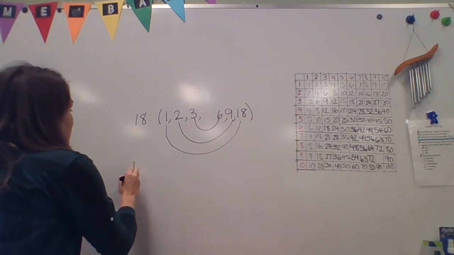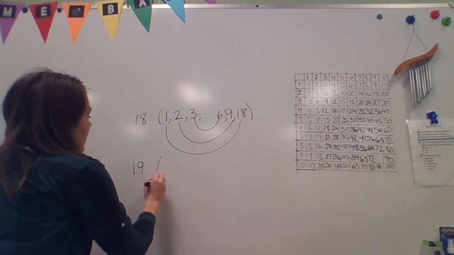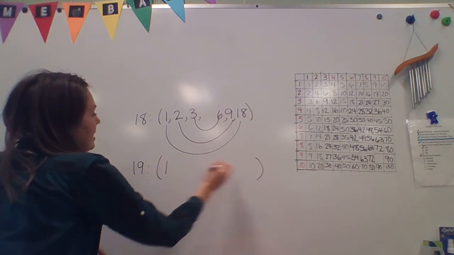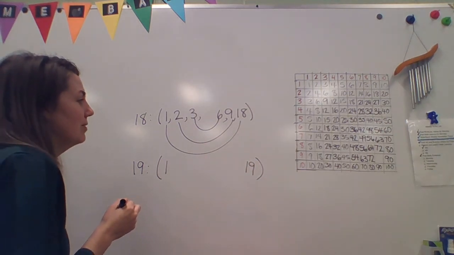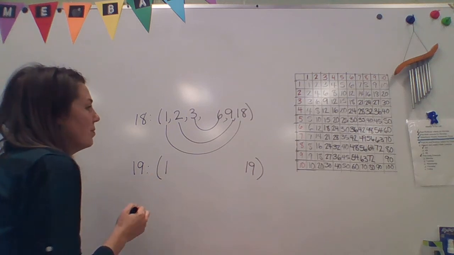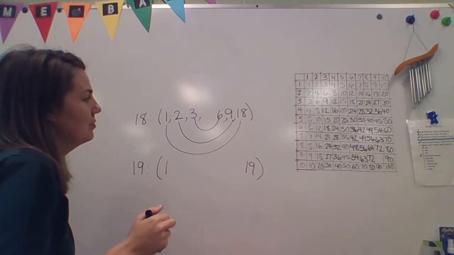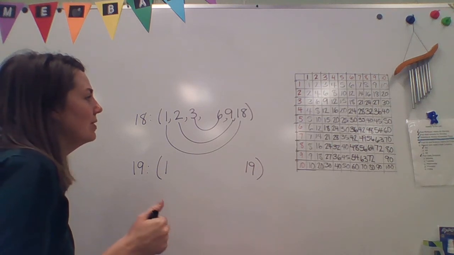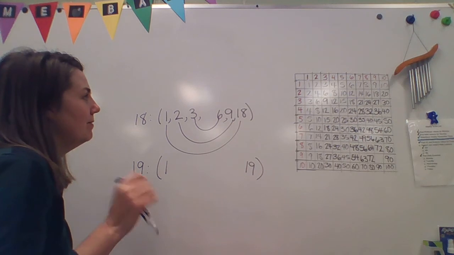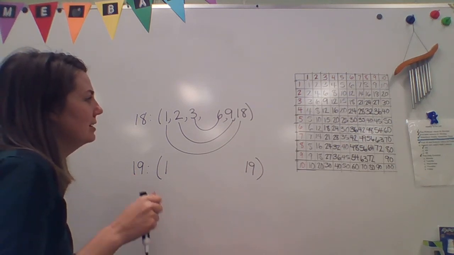All right, let's look at 19 now. 19, I have 1 and 19. Let's see, 2, 4, 6, 8, 10, 12, 14, 16, 18, 20. Nope. 3, 6, 9, 12, 15, 18, 21. Nope. 4, 8, 12, 16, 20, 24, 28, 32. Nope, too high. 5, 10, 15, 20. Nope. 6, 12, 18, 24.